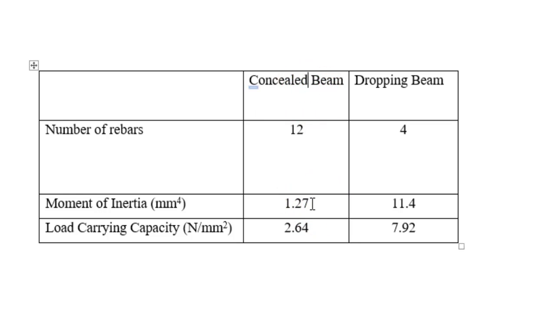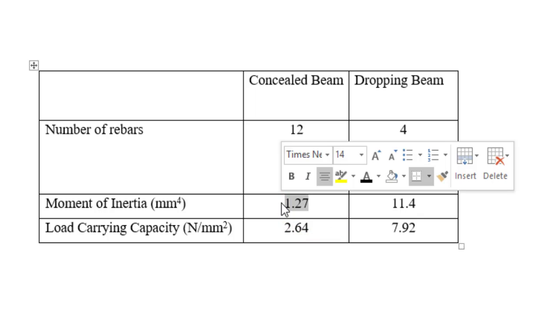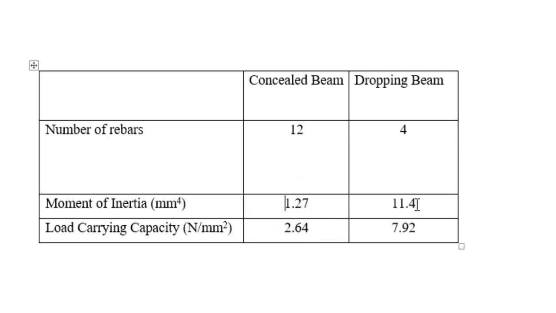The moment of inertia for a concealed beam gives us 1.27, whereas the moment of inertia for a drop-in beam gives us 11.4. Now 11.4 is about 9 times greater than 1.27.